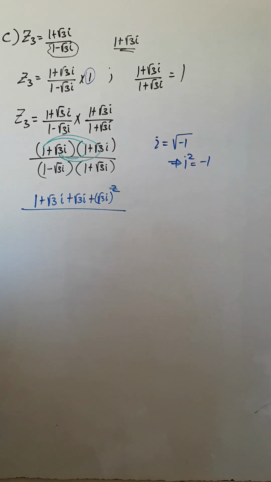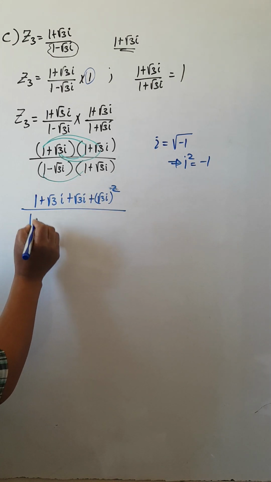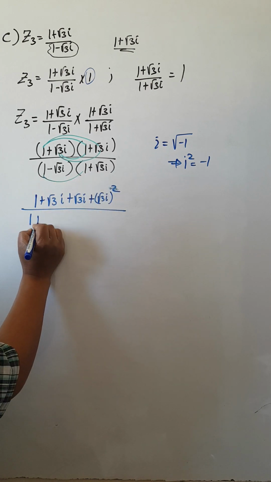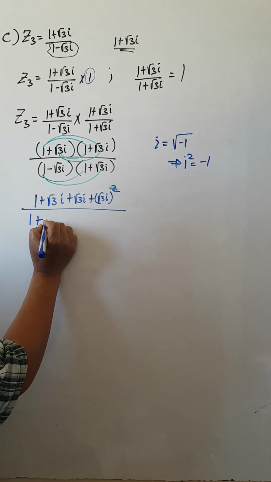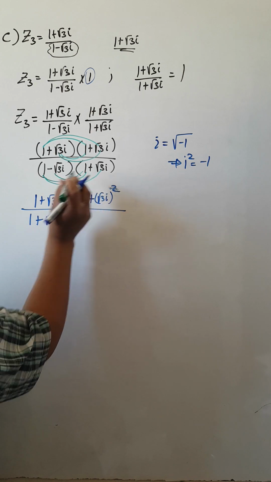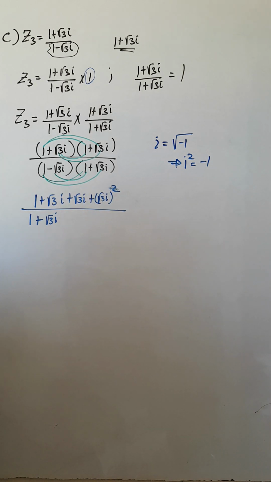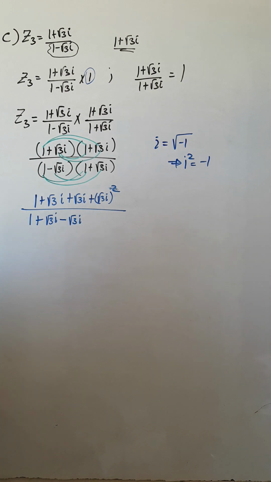And here, 1 times 1 is again 1. And 1 times √3i is √3i. And negative √3i times 1 is minus √3i.